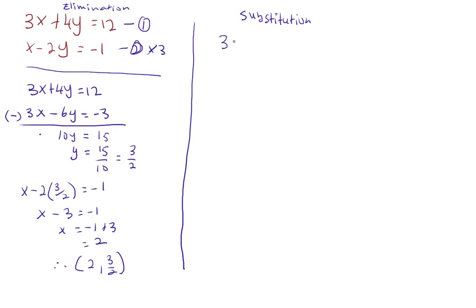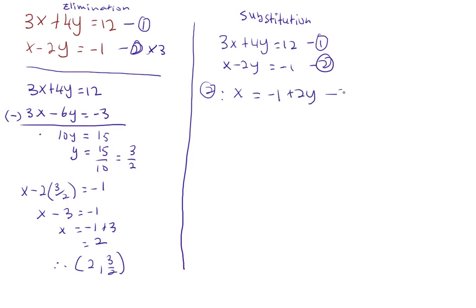This is the first equation, 3x plus 4y equals 12, and x minus 2y equals negative 1 is our second equation. From the second equation, I want to make x equal to negative 1 plus 2y. I name it our new equation, equation number 3.